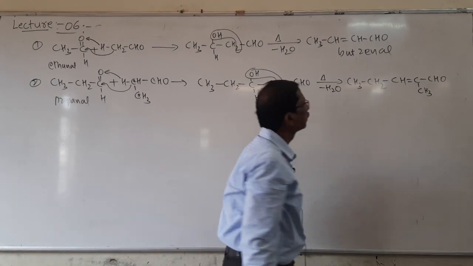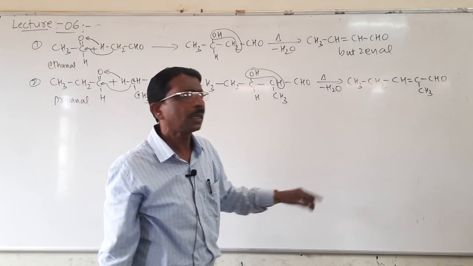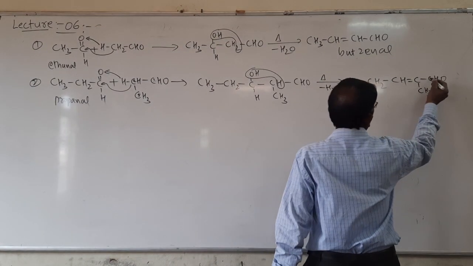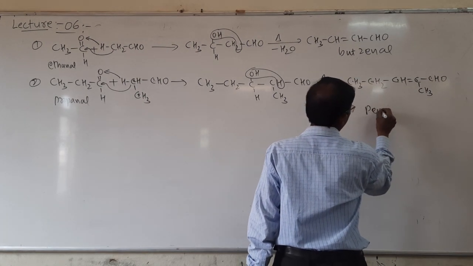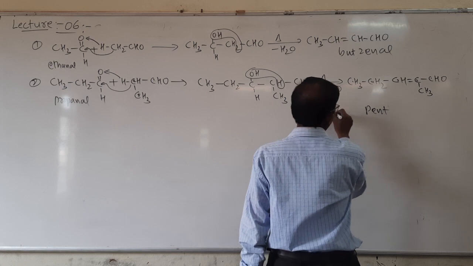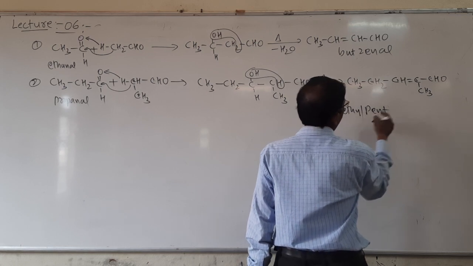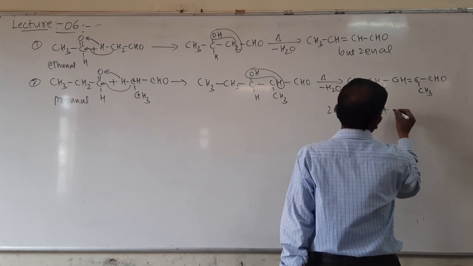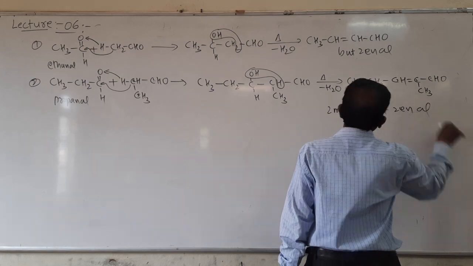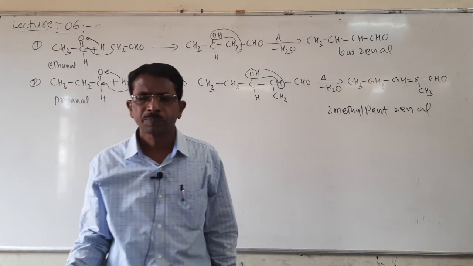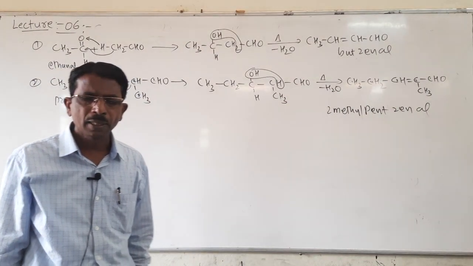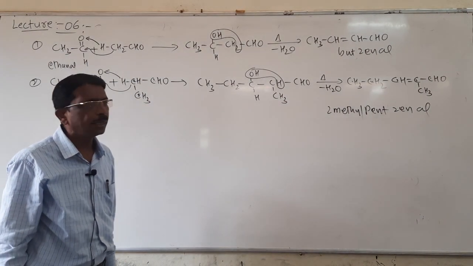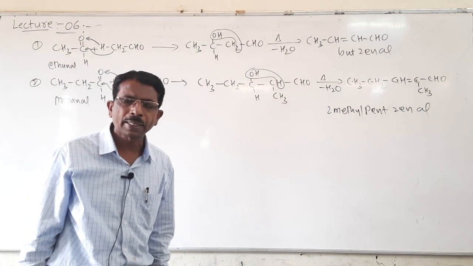Look here, students. It is the second product. Here it is 1, 2, 3, 4, 5, pent, and 2-methyl. It is 2-methylpent-2-enal. Is that clear? It is the second product.